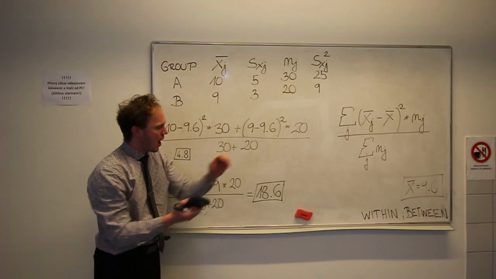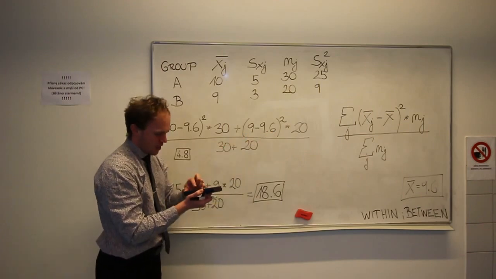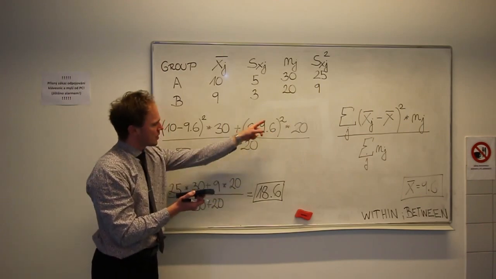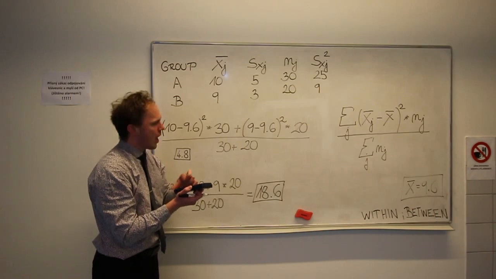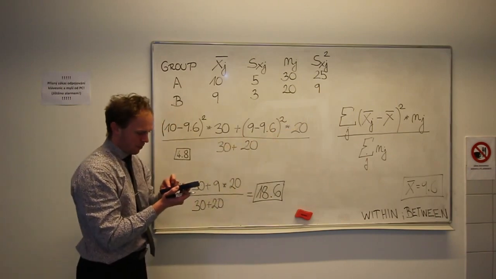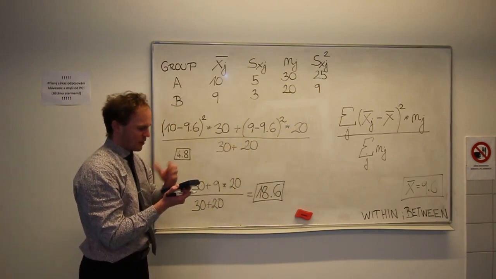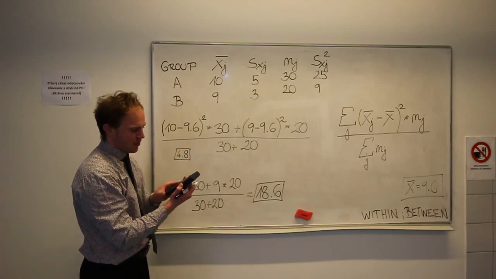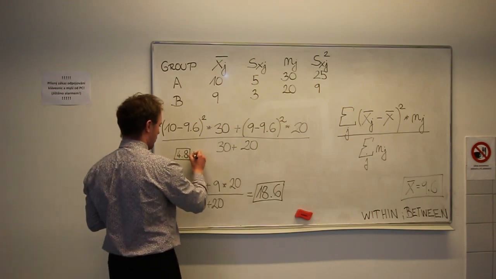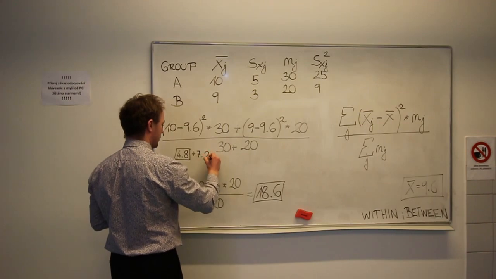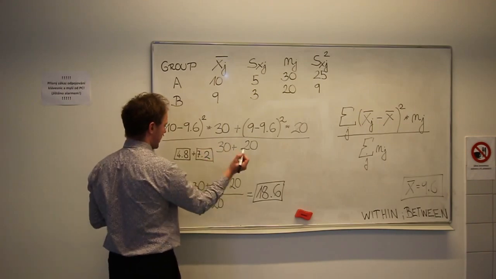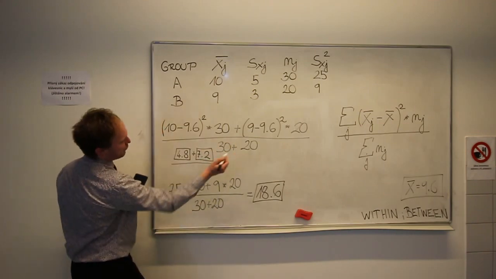The second part, 9 minus 9.6 squared times 20, is 7.2. So plus 7.2, and this will be divided by 50.